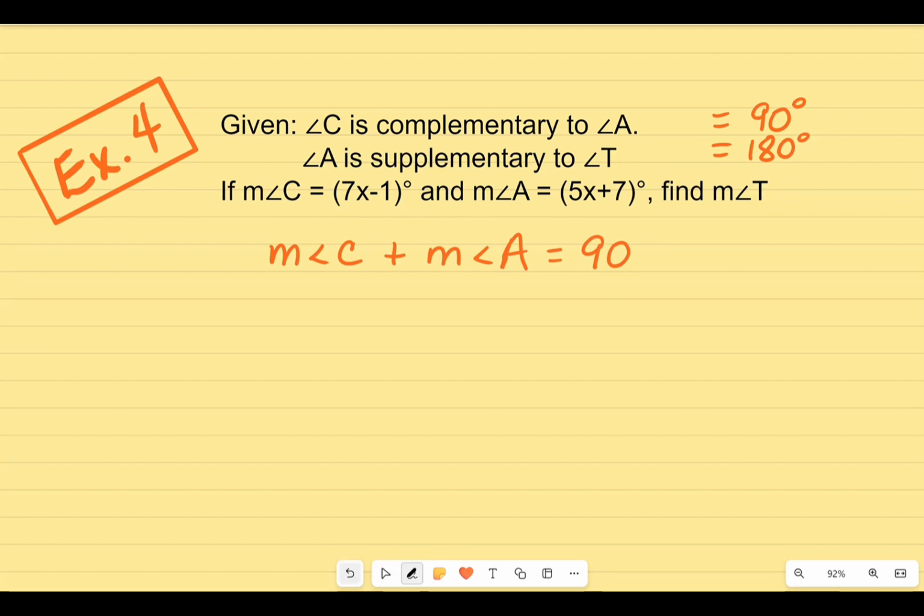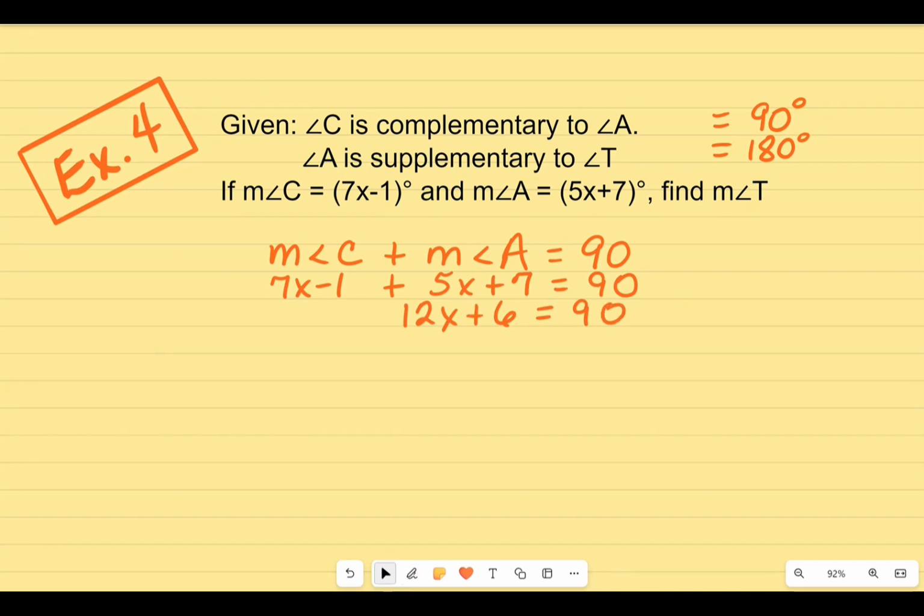I know that the measure of angle C is 7x minus 1. I'm adding it to the other angle, 5x plus 7, and setting it equal to 90. My like terms on this side are 7x and 5x, which are 12x. And then negative 1 plus 7, which is positive 6, set equal to 90.